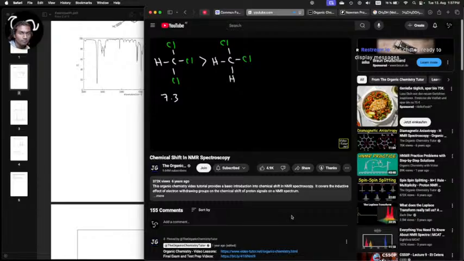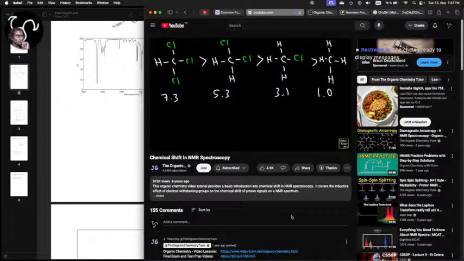So the chemical shift for dichloromethane is about 5.3 ppm. And then let's compare that to methyl chloride, which we said was 3.1, and methane, which is about 1 ppm.